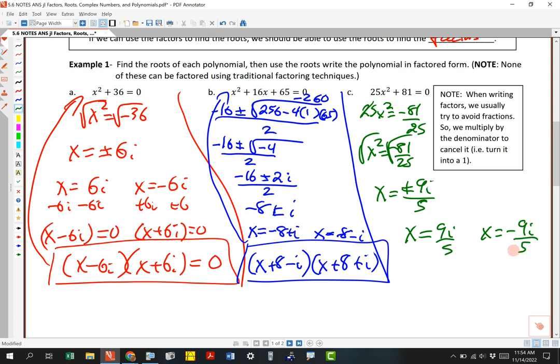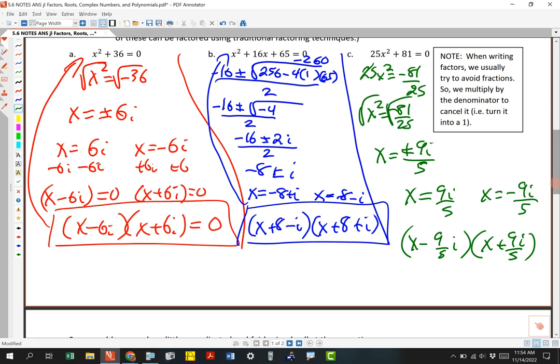Again, we're going to move those to the other side, so this one's going to be x minus 9i over 5, if I move that over to set it equal to 0, and this is going to be x plus 9i over 5. Everybody good there?